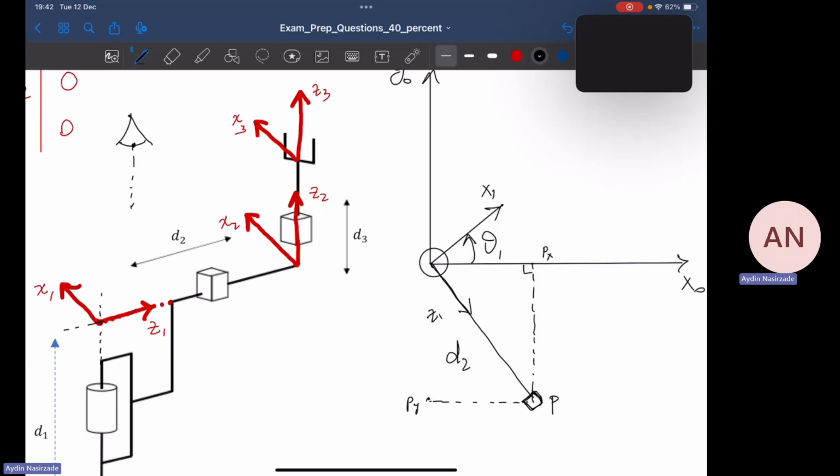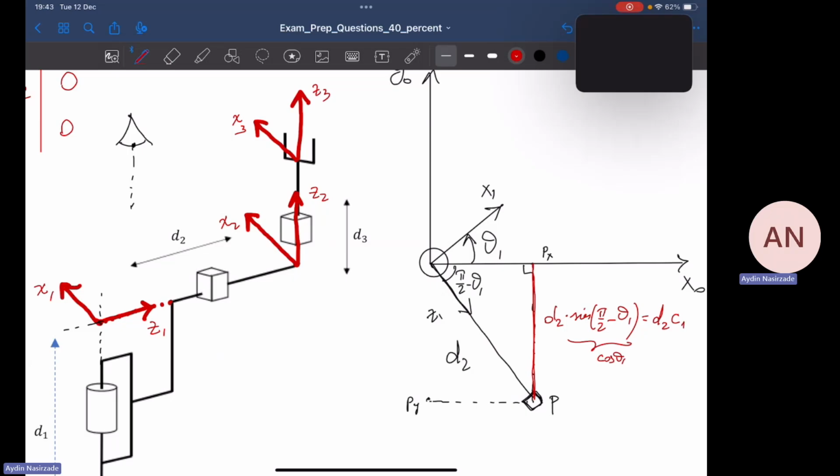From this triangle, I know that this angle is pi by 2 minus theta 1, and I know this side, which is d2 times sine of pi by 2 minus theta 1. That gives me cosine of theta 1, so I can write it d2 times cosine of theta 1.